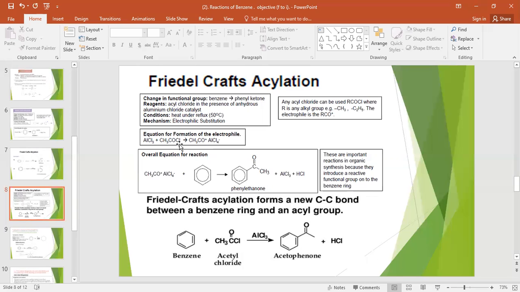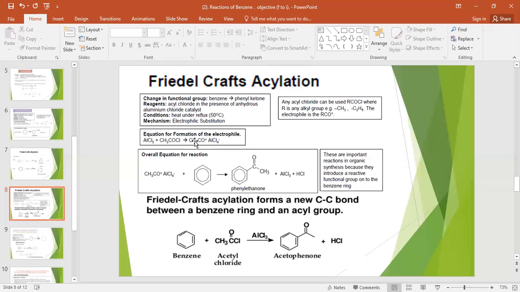CH3CO is the acyl group and if there is chlorine, it is acyl chloride. Then the formation of this acylium ion. This is called the acylium ion, CH3CO positive. So this is our electrophile.